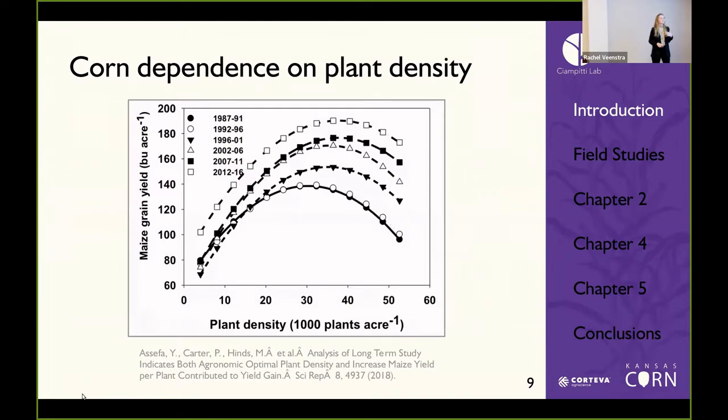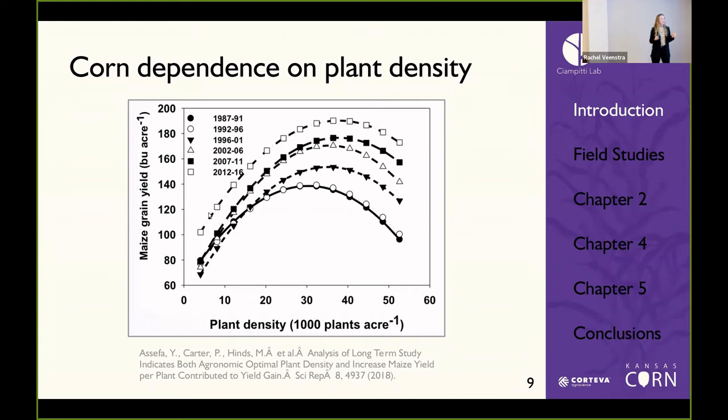Talking specifically about plant density in corn, the genetic improvement that we've seen to push yields higher in corn is tied very strongly to plant density. You'll see here, we have plant density on the x-axis, grain yield on the y, and the lower curve here with these circles, these are hybrids from the 80s and 90s.